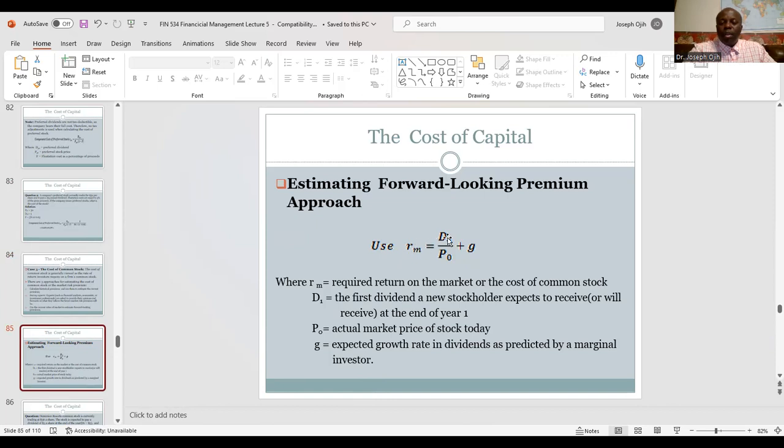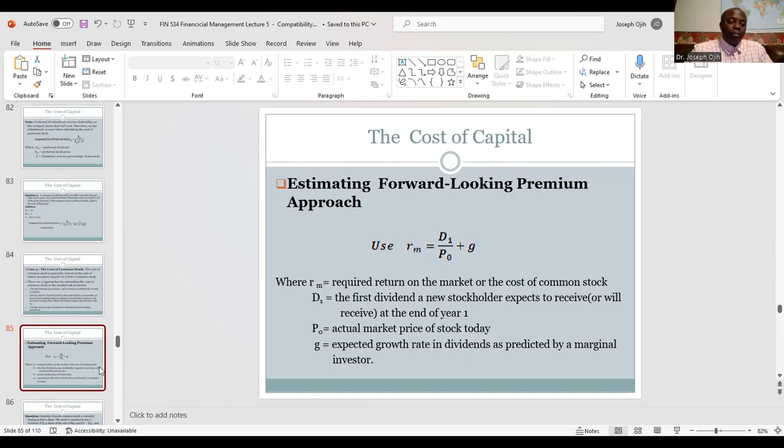So RM equals D1 over P0 plus g, where D1 is the first dividend the new stockholder expects to receive at the end of the first year, P0 is the actual market price of the stock today, and g is the expected growth rate in dividends, as predicted by the marginal investor.